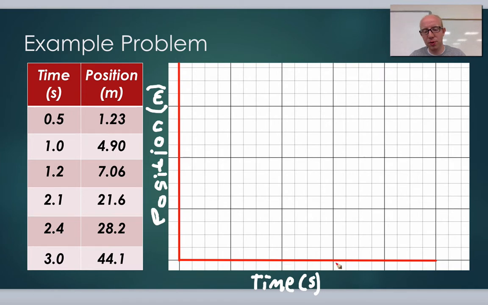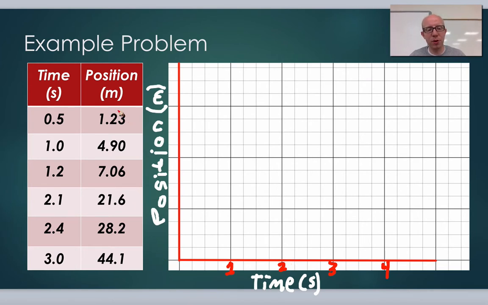We got 1, 2, 3, 4, 5 of those. So let's just make it easy on ourselves, and we'll make each one of these bolded grid lines a second. So this would be 1 second, 2 seconds, 3 seconds, 4 seconds. Again, it will make it a little bit smaller, but that's okay. We just want to make something that's easy to think about and easy to read.